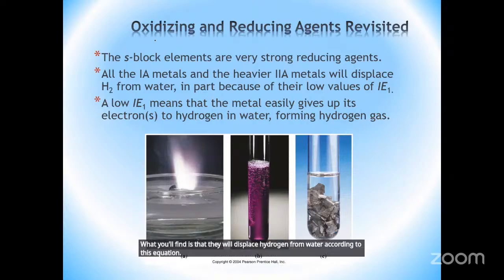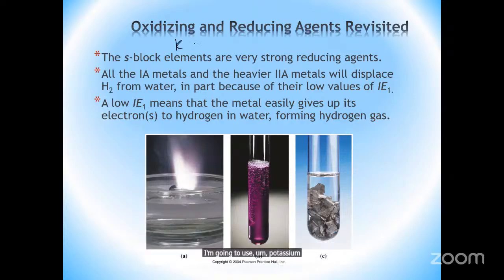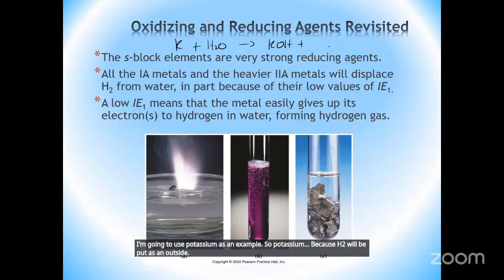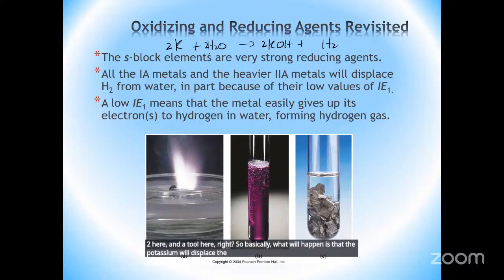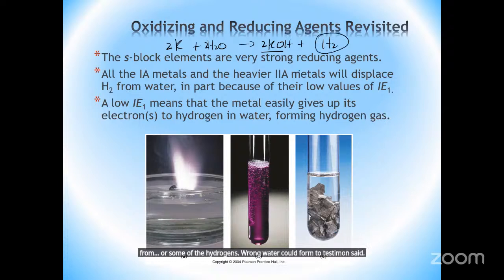I'm going to use potassium as an example. So potassium plus H2O will give potassium hydroxide plus H2. All right. And to balance this, you're going to need a 2 here, 2 here, and a 2 here, right? So basically what will happen is that the potassium will displace some of the hydrogens from water to form potassium hydroxide, and the displaced hydrogen will be formed there, right?